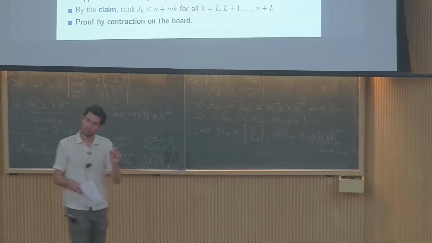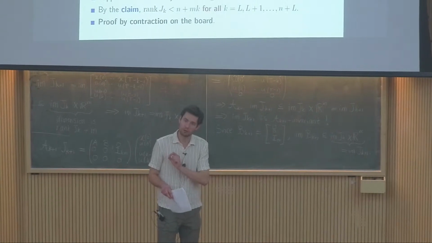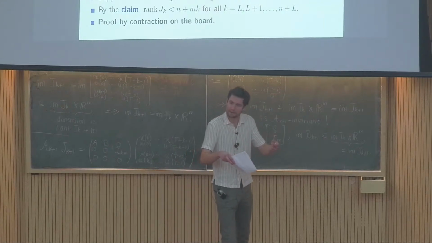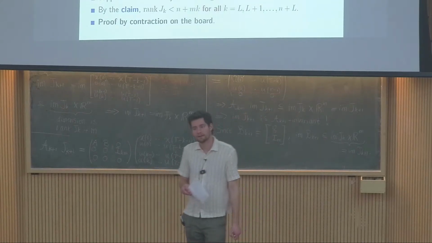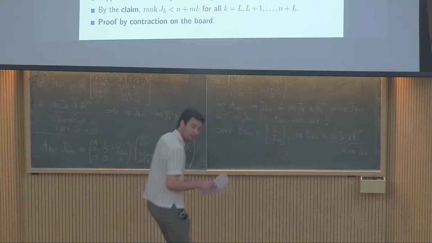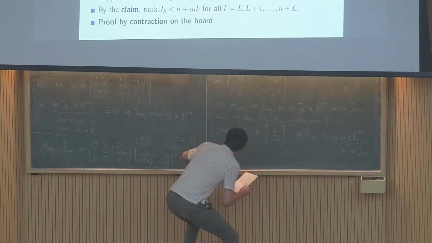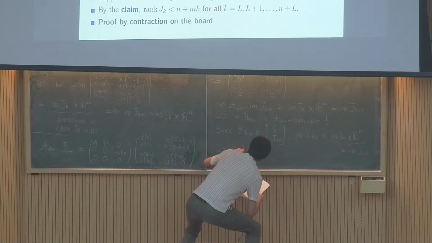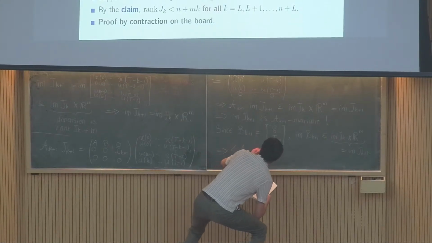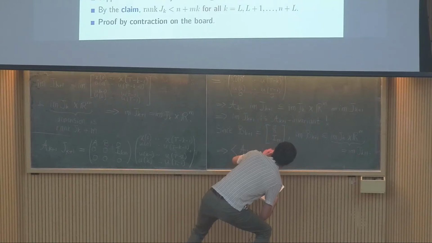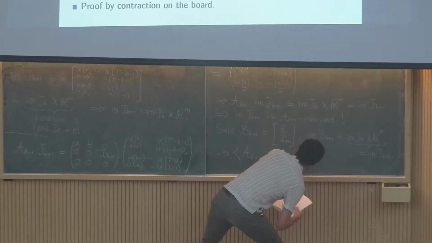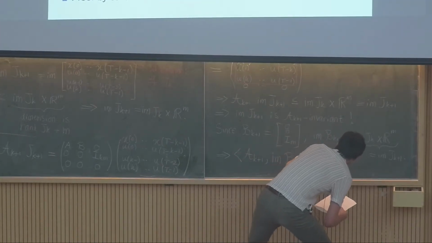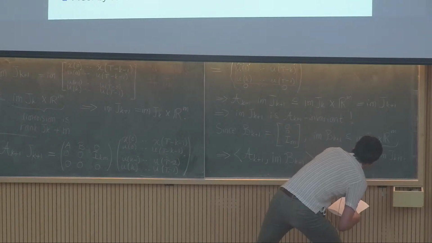But the reachable subspace of the pair AK plus 1, BK plus 1 is the smallest AK plus 1 invariant subspace containing the image of BK plus 1. So this also implies that the reachable subspace of the pair AK plus 1, BK plus 1 must be contained in the image of JK plus 1.